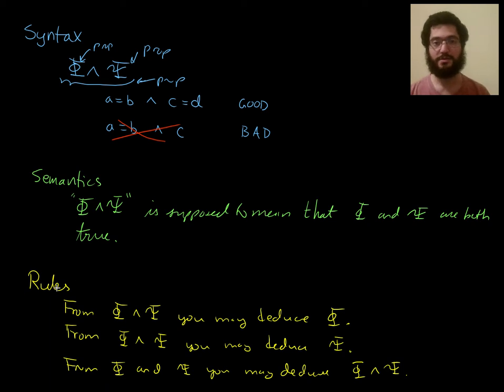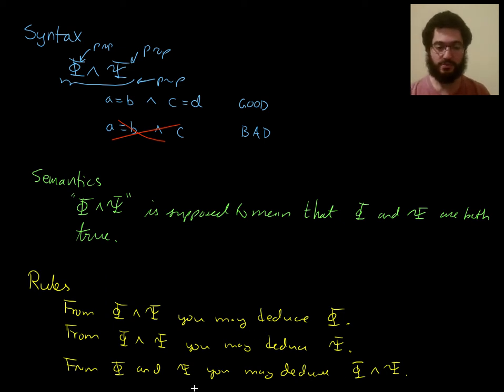Rules are what drive formal proofs. So rules are things like this. From phi and psi, you may deduce phi. From phi and psi, you may deduce psi. From phi and psi, you may deduce phi and psi.